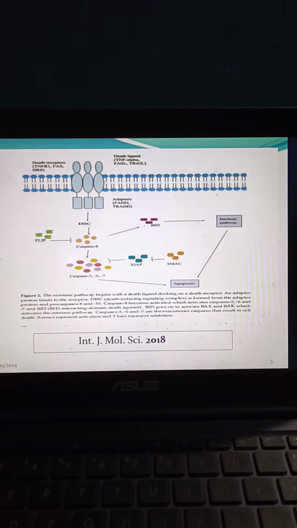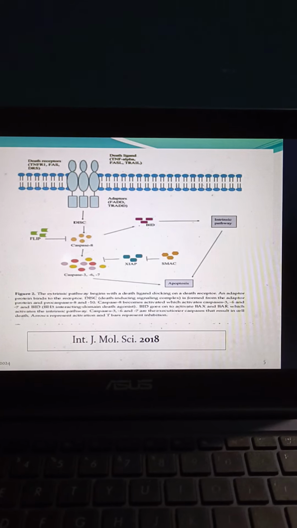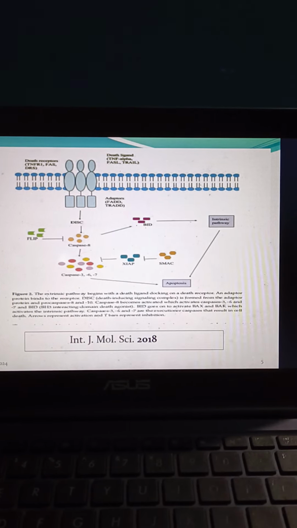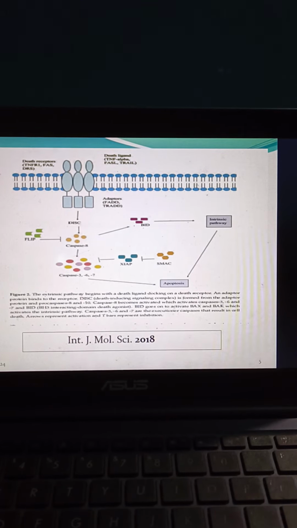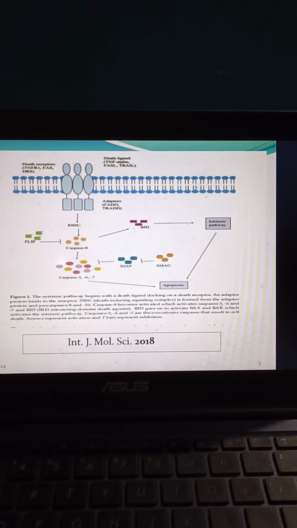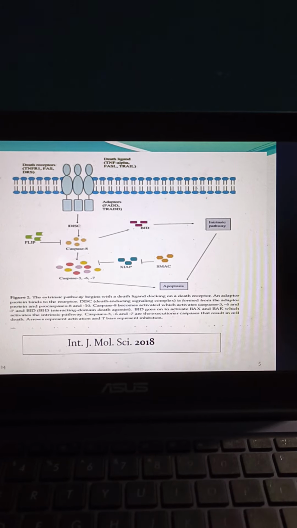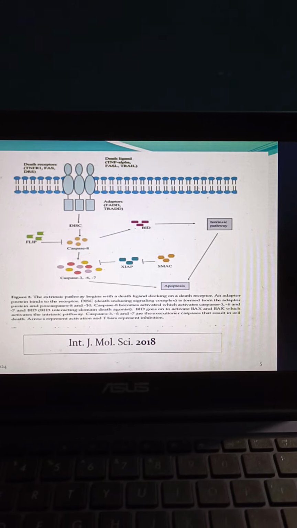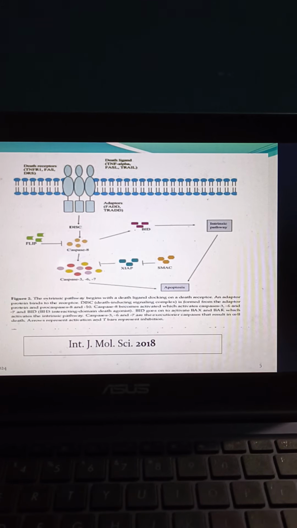So you can see the death receptors TNFR1, FAS and DR5, and on the other hand the death ligands TNF alpha, FAS-L and TRAIL. Then the adapters FADD, TRADD. Then there is formation of the DISC, the death-inducing signaling complex, and it will activate caspase 8, then caspases 3, 6, 7, then apoptosis, and also activate BID.